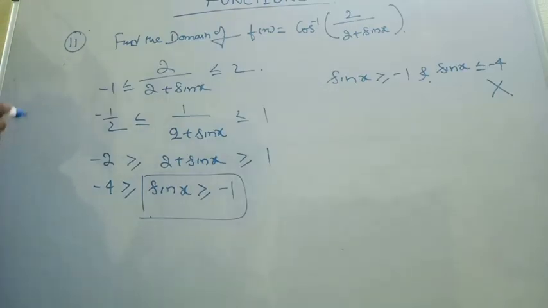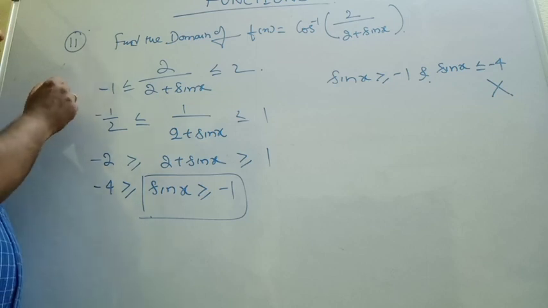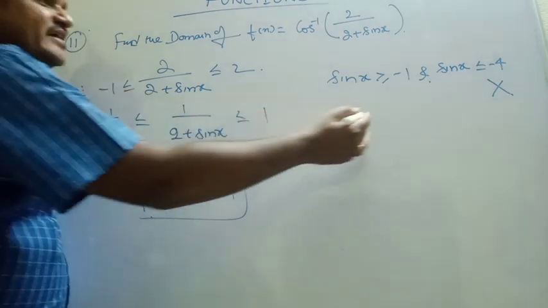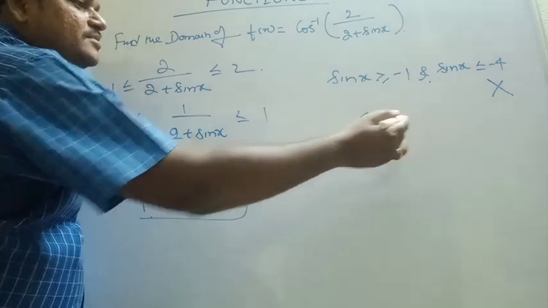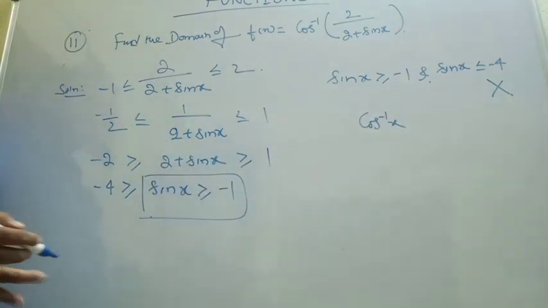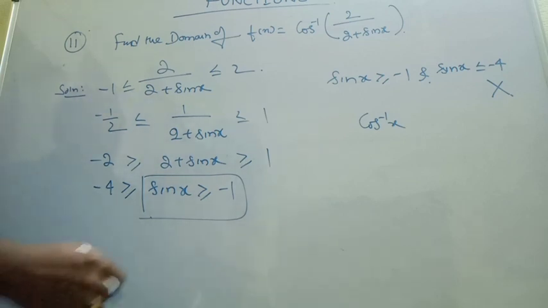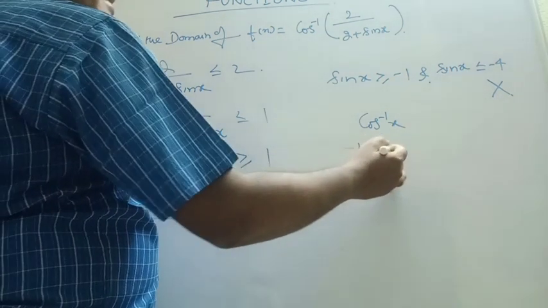Now we have this 11th problem. Find the domain of f(x) equal to cos inverse of 2 by (2 plus sin x). Here, my dear students, you know that for cos inverse of x, x will lie between minus 1 and 1.